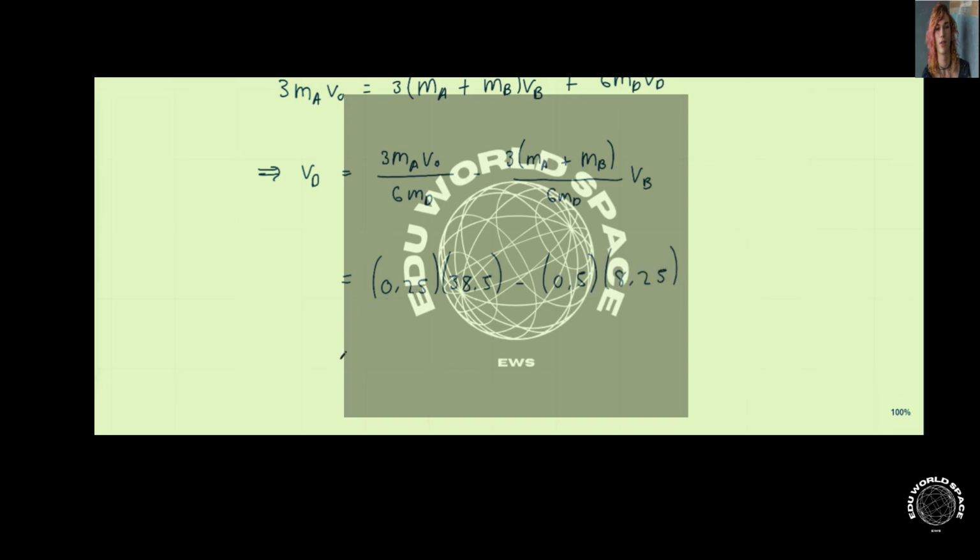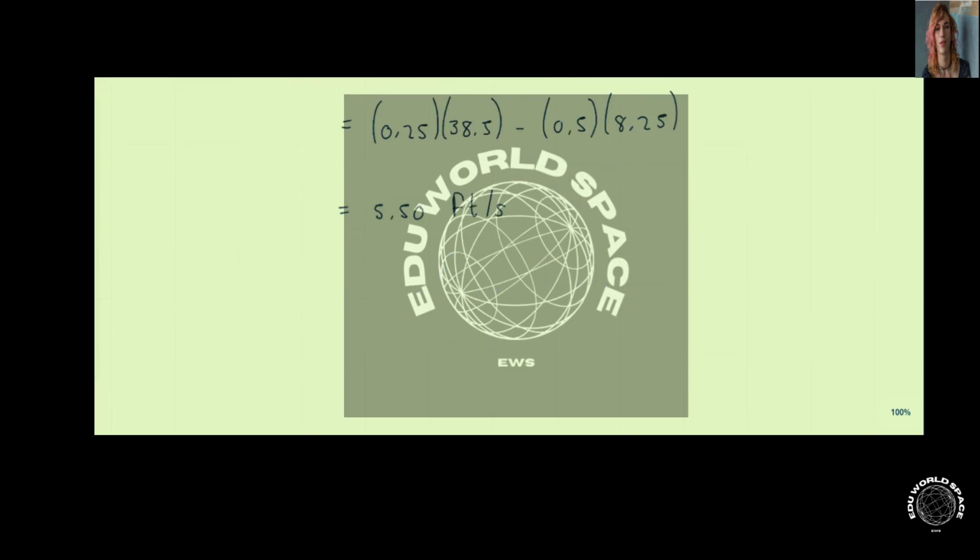And hence we get the speed for disk D, vd, to be 5.5 feet per second. So as required, we've solved for the speed of disk C and the speed of disk D after the collision. Now for part B, we want to calculate how much energy is lost in the collision.